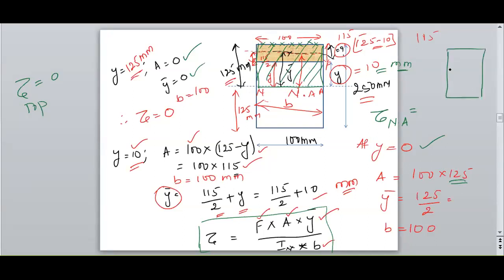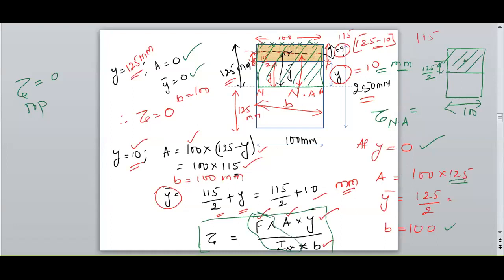The y bar for the shaded area is 125 divided by 2, and B will not be changing here; B will be 100 only. Substituting, the shear force will not change and the moment of inertia will not change for each depth.